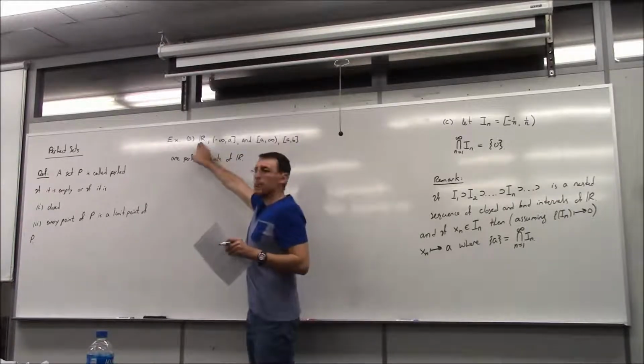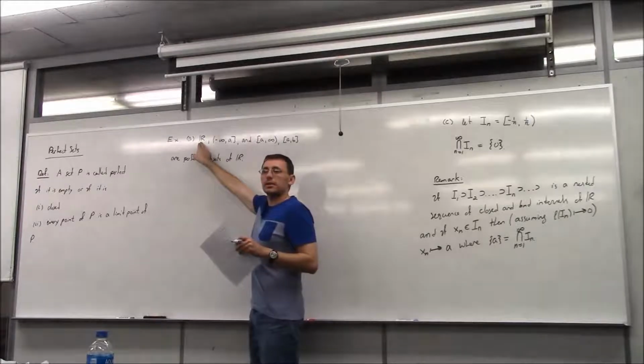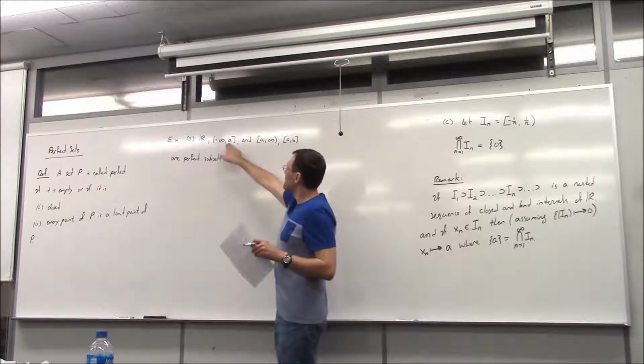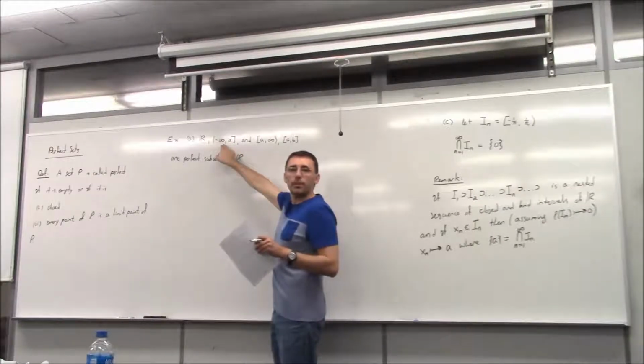So here is an example of a set in R that is both closed and open. R is open relative to itself. Okay? So this is a closed set, and every point in that interval is a limit point of that interval.